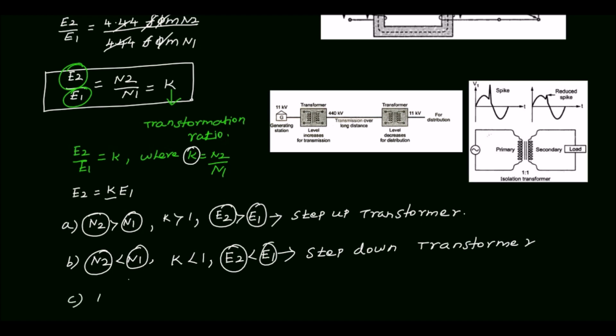Third case, if the number of turns in the secondary is equal to the number of turns in the primary, then K will be 1. In that case, E2 will be equal to E1.